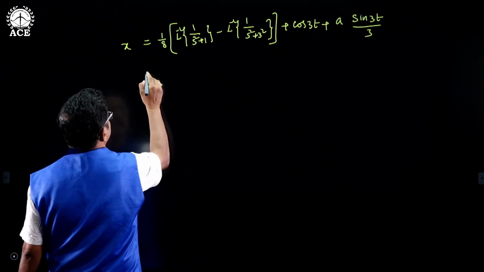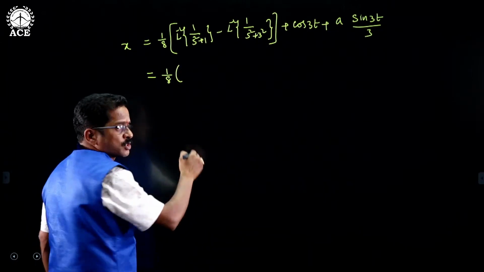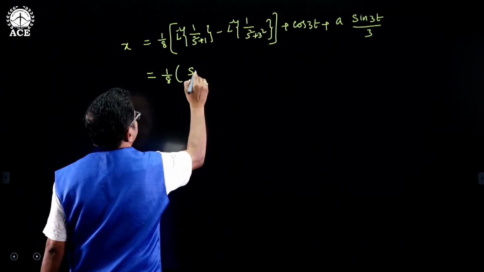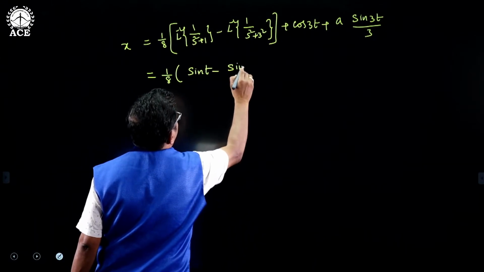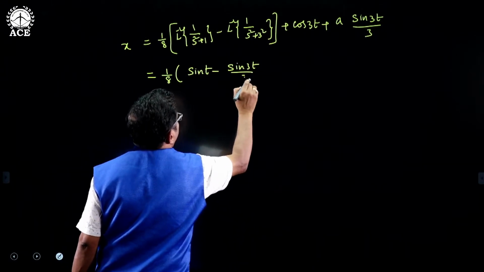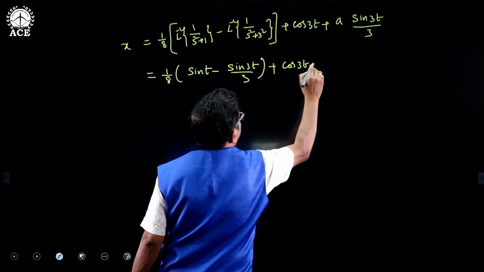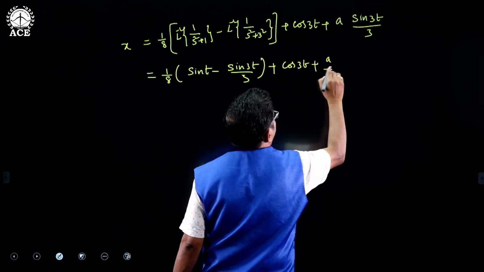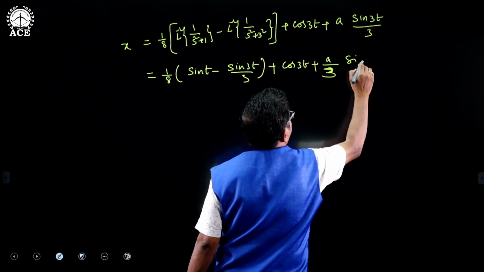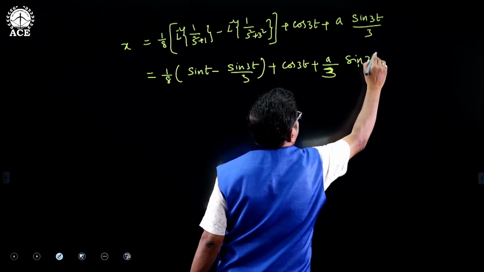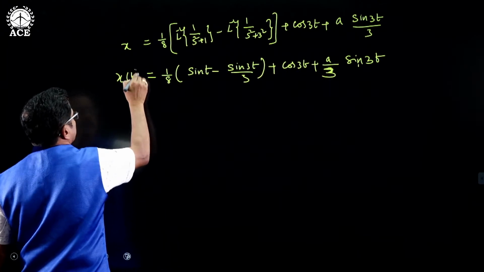So here we write 1 by 8, L inverse of 1 by s square plus 1 is sin t, minus sin 3t by 3, plus cos 3t plus a by 3 sin 3t. This is x of t we got.